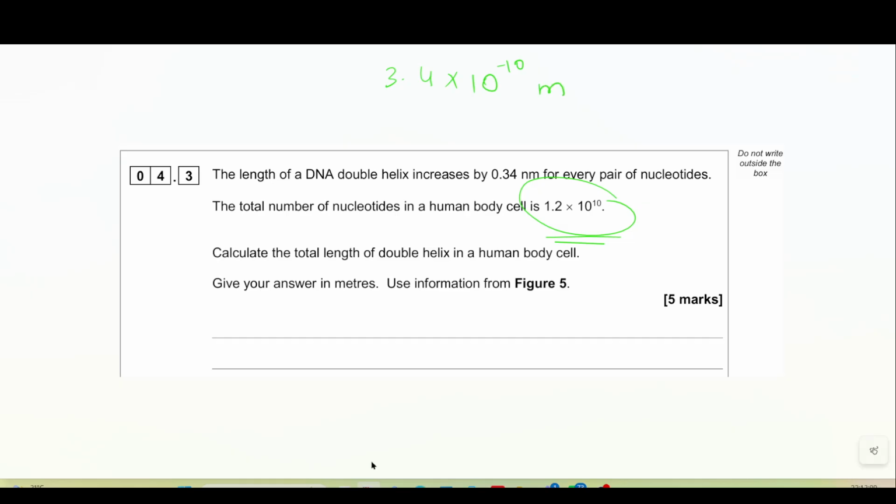So then do I do 3.4 times 10 to the minus 10 times 1.2?